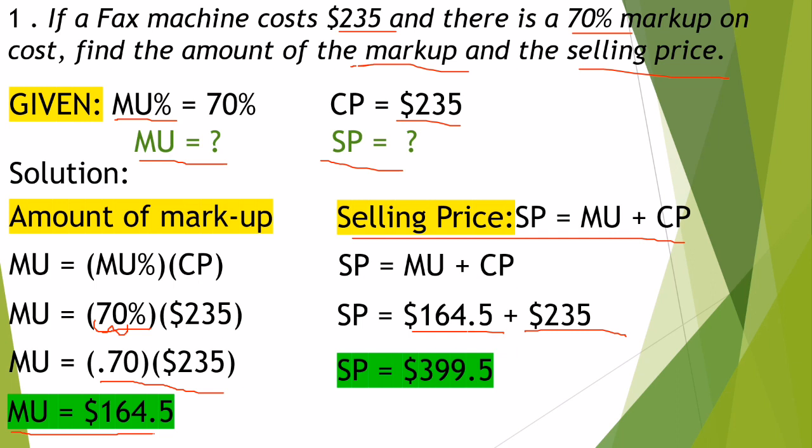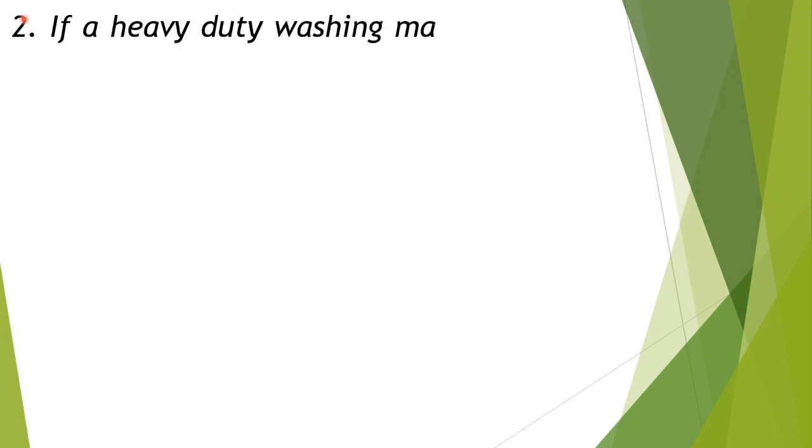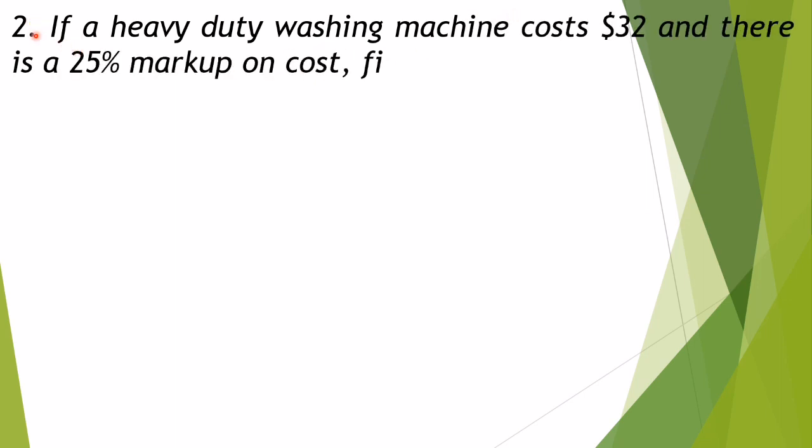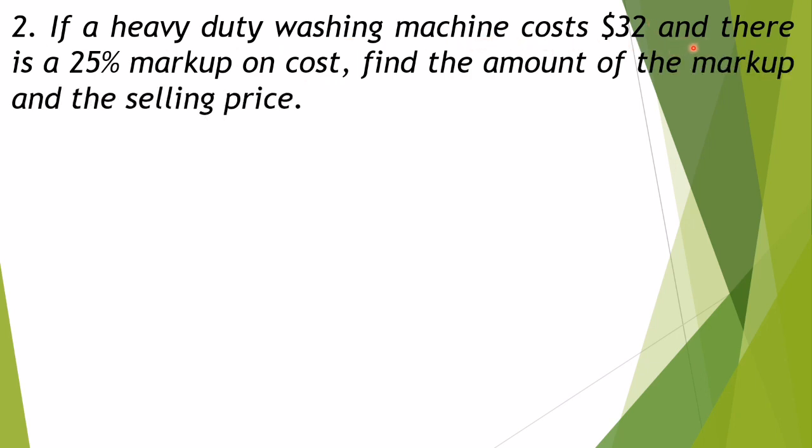Okay, so for our next examples or problems, we're going to use these samples or formulas. Okay, next now for number 2, if a heavy-duty washing machine costs $32 and there is a 25% markup on cost, find the amount of the markup and the selling price. So let's look first for the given.